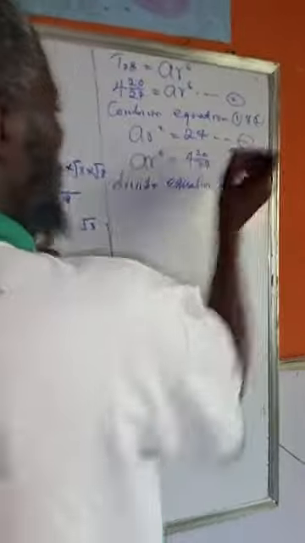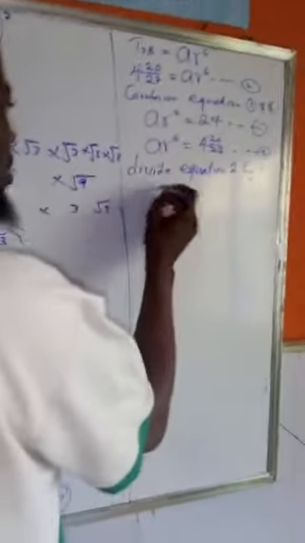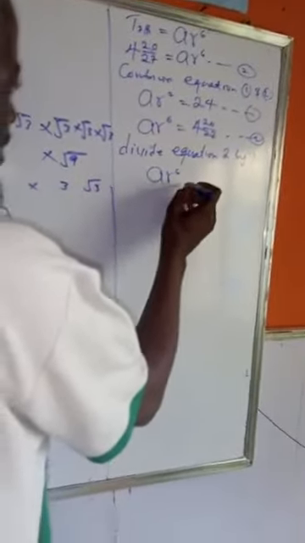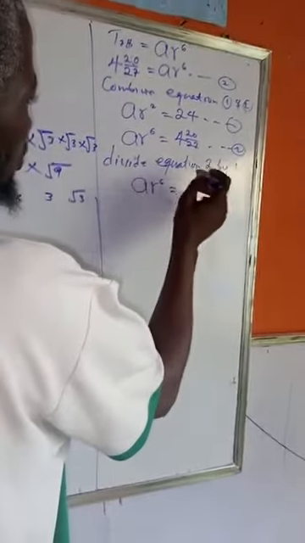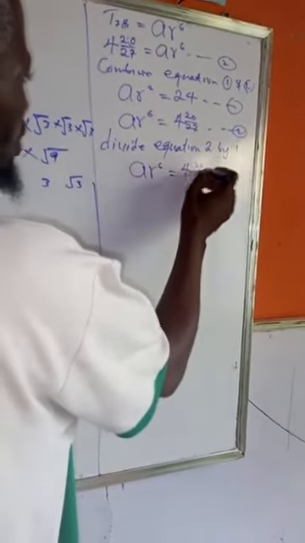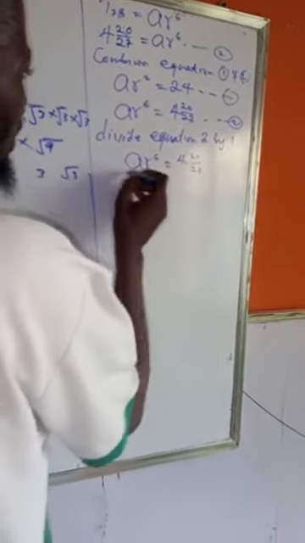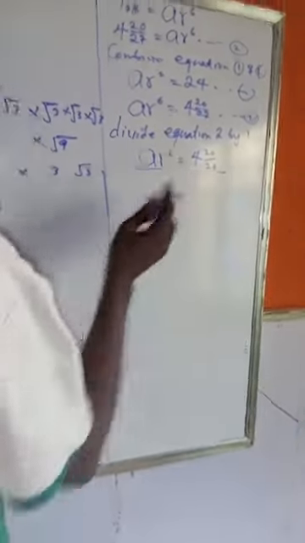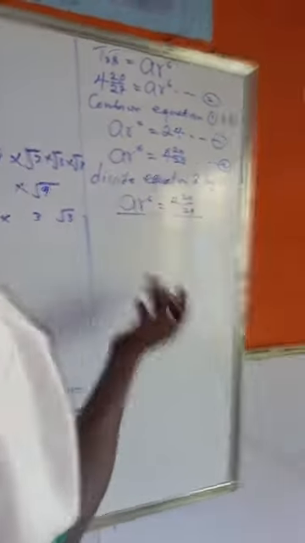Of course, this is equation 2. So it will now be AR raised to power 6, which is equal to 4 whole number 20 over 27, divided by, and that division I will make it this way.